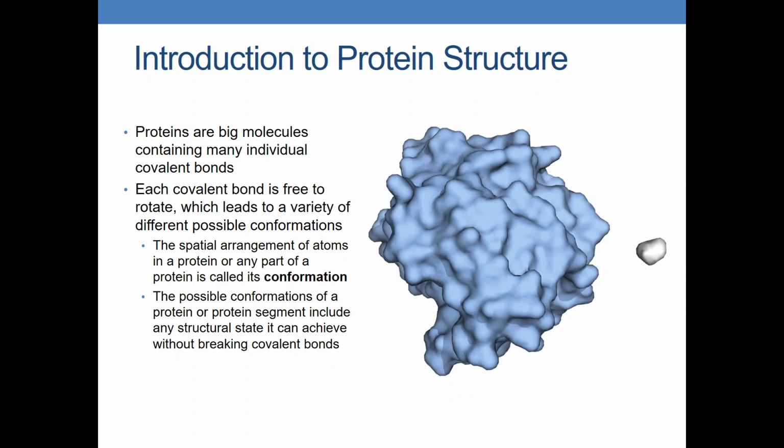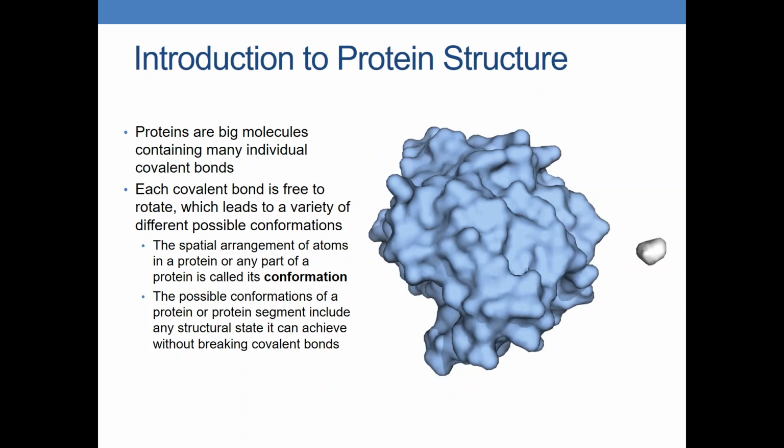So why does this matter? Well, this matters because this leads to the concept of conformational flexibility. And what I mean by that is each covalent bond is free to rotate. So if you have two atoms that are connected by a covalent bond, they are free to rotate about that covalent bond. Assuming that we are talking about mostly single bonds, free rotation can occur about the bond, which leads to different conformational possibilities.